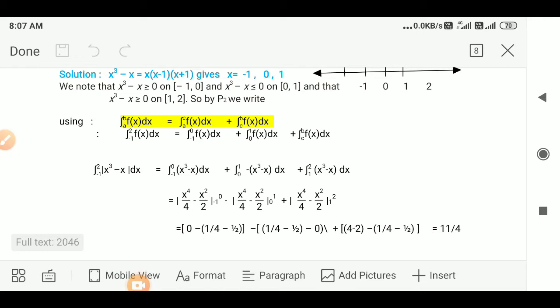You have to start from minus 1 and reach the point 2.